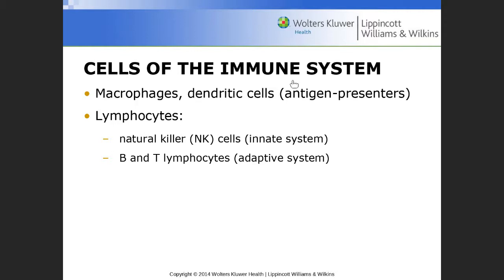What all these 4 cells have in common is that they have MHC class 2, which is involved in presenting the antigen. And when we talk about lymphocytes, there are 2 kinds of lymphocyte: B lymphocyte and differentiated B lymphocyte known as plasma cell. Whereas for T lymphocyte, there are different kinds.